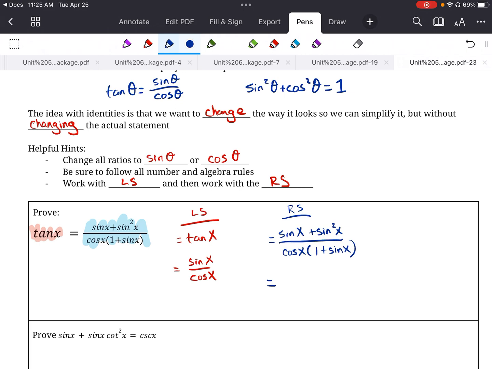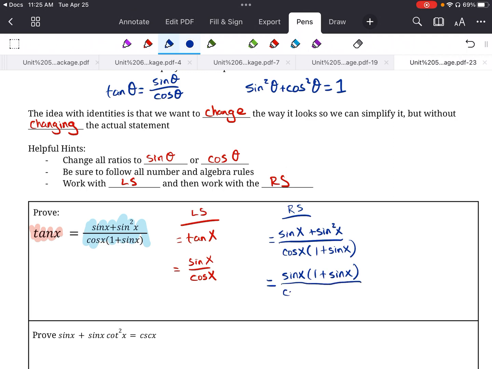Okay, I talked about quadratics because on top we actually have two terms here, sine x and sine squared x. We actually have a common factor. So we're going to common factor out sine x, and we'll be left with 1 plus sine x, right? If we divide sine x by sine x, we get 1. Sine squared x by sine x, we get sine x.